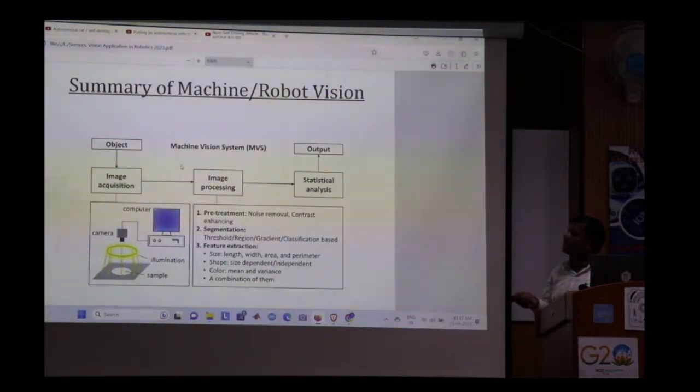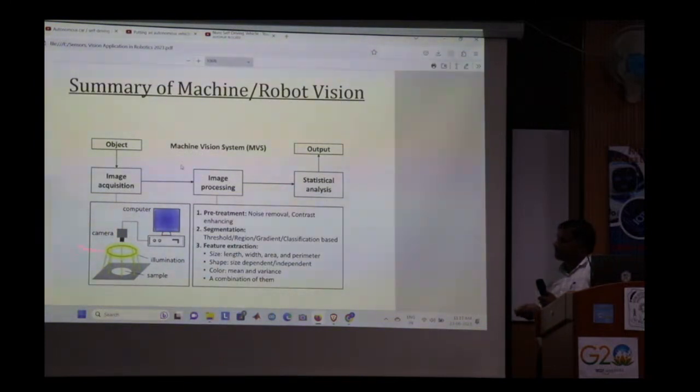You open your mobile phone, the object is there, then you take the image. How do Google Pay or PhonePe know that you have to pay this person? Image processing is done, and statistical analysis is done by Google Pay or PhonePe. Then they identify the person and give you the output that this account number, this person is to be paid.